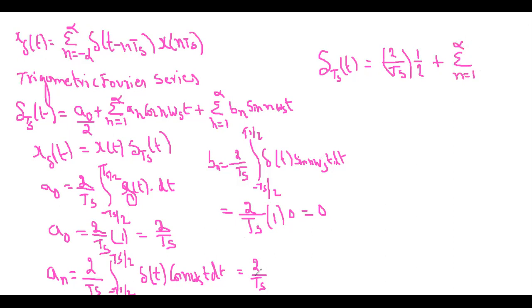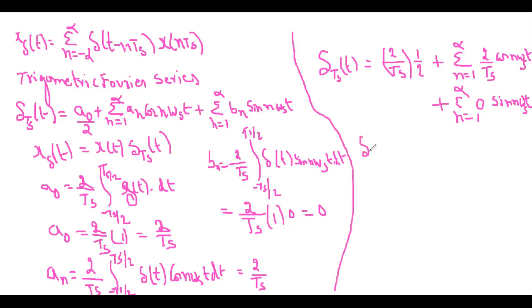What is the an? We got 2 by ts cos n omega s into t, plus the bn. What is the bn? We got 0. Sum of n is equal to 1 to infinity of 0 sine n omega s into t. So the third term is 0, my dear students. Okay.